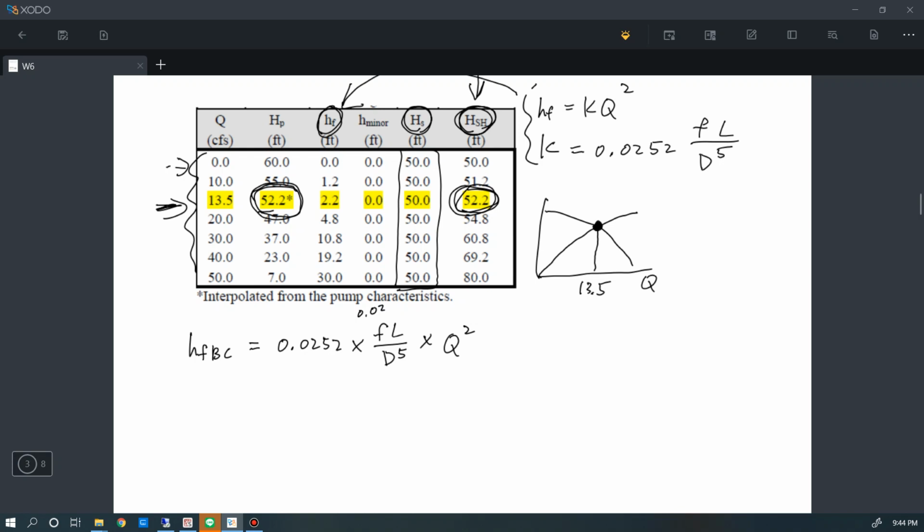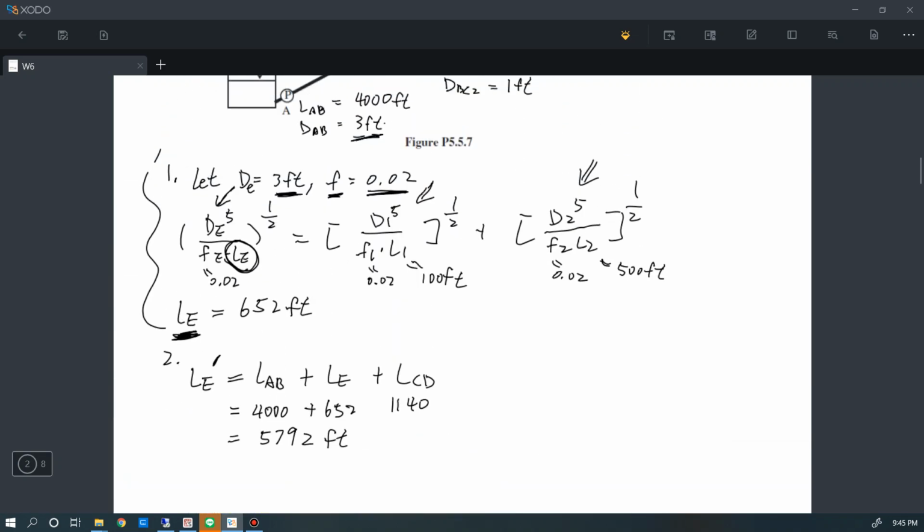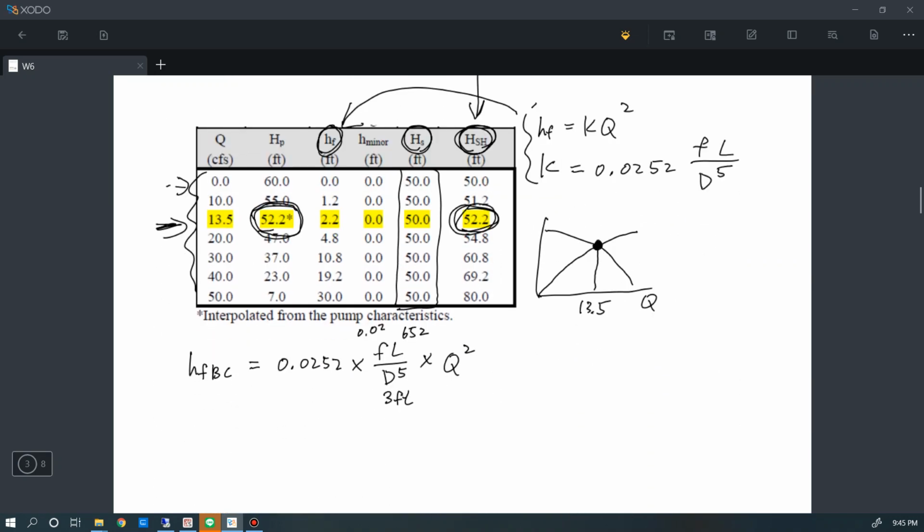The length for the equivalent pipeline is equal to 652, and the diameter is equal to 3 feet, because we assume the equivalent pipeline has a diameter equal to 3 feet. And for the flow rate, we just solved that it is equal to 13.5. So we can calculate that the head loss for the BC segment is equal to 0.246 feet.